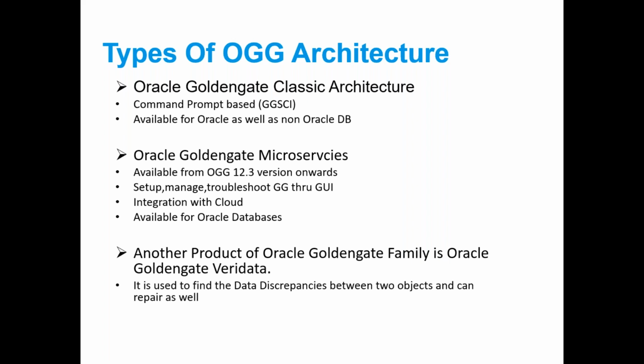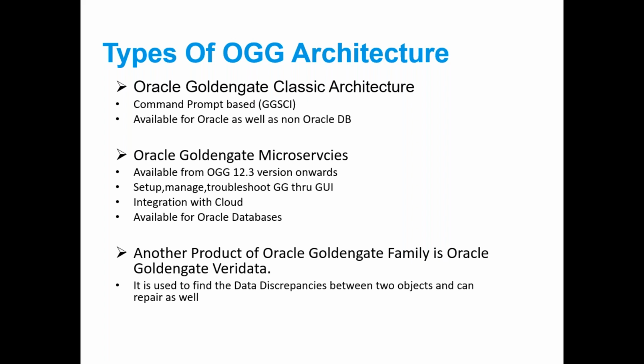But nowadays, I don't know why, almost every organization is using classic. I would say classic architecture is being used by 80 to 85% as per the data released last year by Oracle. Microservices is used by 15 to 20% of organizations as of now.